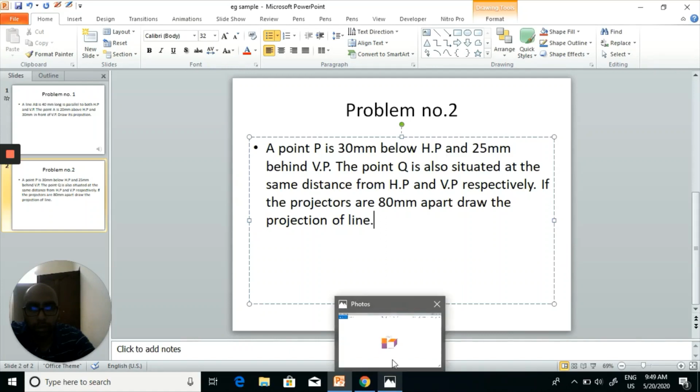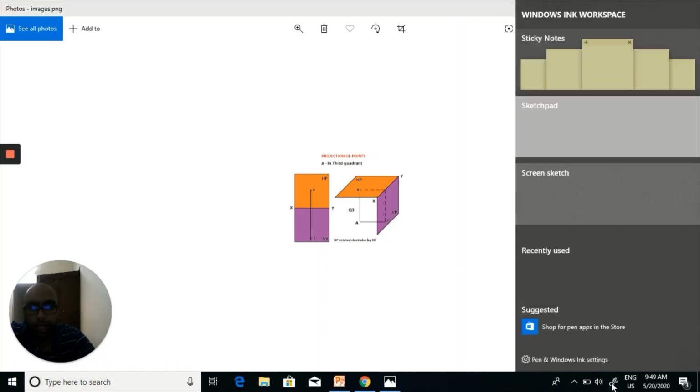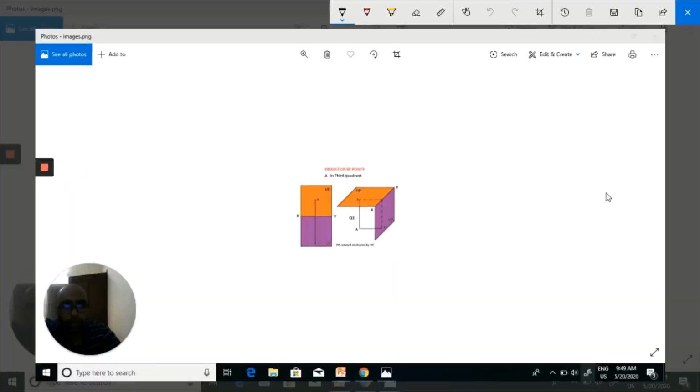If you see this diagram, we have the horizontal plane and then the vertical plane.